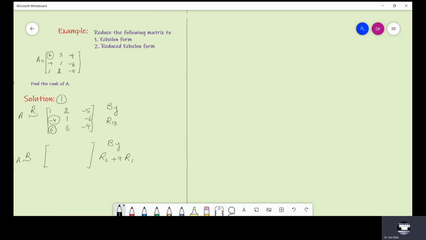We can multiply row 1 with 4 and then add it to row 2. So this will be 0. To make this 6 as 0, we can perform the operation row 3 minus 6 row 1, multiplying row 1 with 6 and then subtracting from row 3. So let us perform these operations.